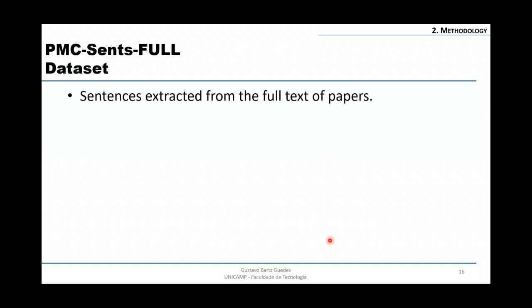We also created in this work a data set that was extracted from the full text of papers. So we use the section heading, the title, as the label. If you have a corresponding section with the heading method, we take the sentences there and consider them as having the label methods.